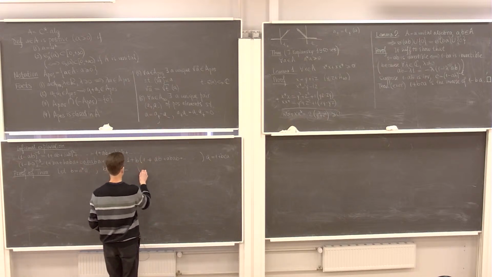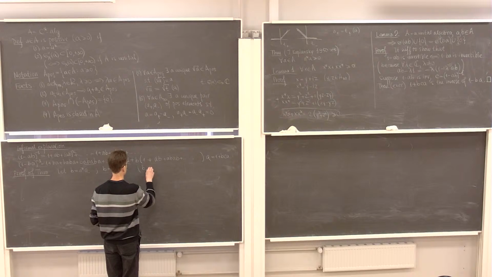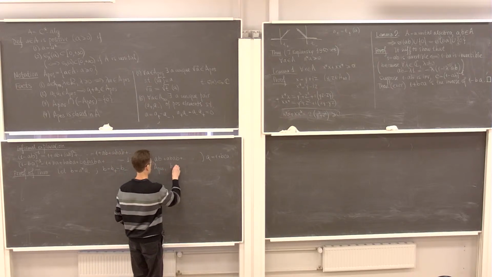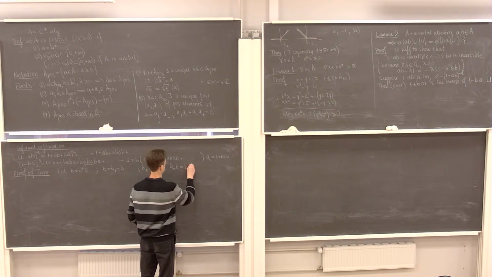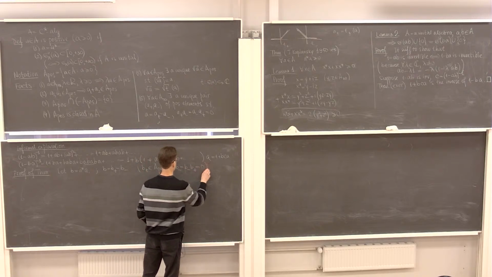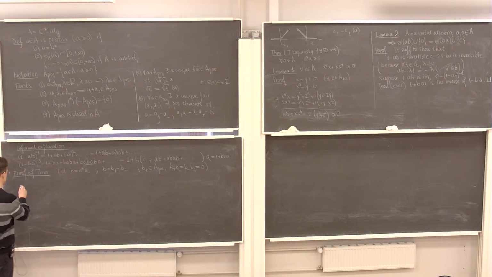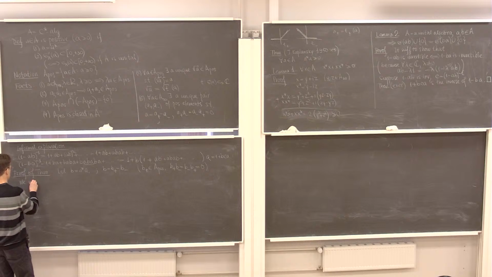So B plus and B minus are positive, and the product is 0. B plus B minus equals B minus B plus equals 0. So we want to show that B minus is 0.